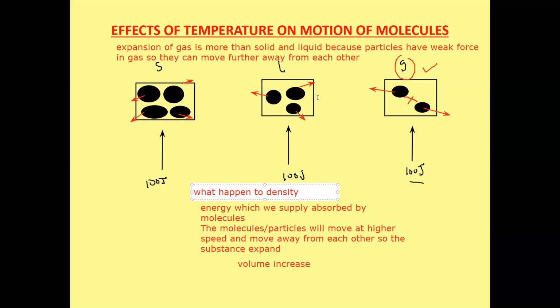The density will decrease. Why? As you can see, the formula for density is mass over volume. An increase in volume will reduce the density. The mass is not changing. Why is the mass not changing? Because if in the beginning we have 4 particles of a solid, it will remain 4 particles throughout.